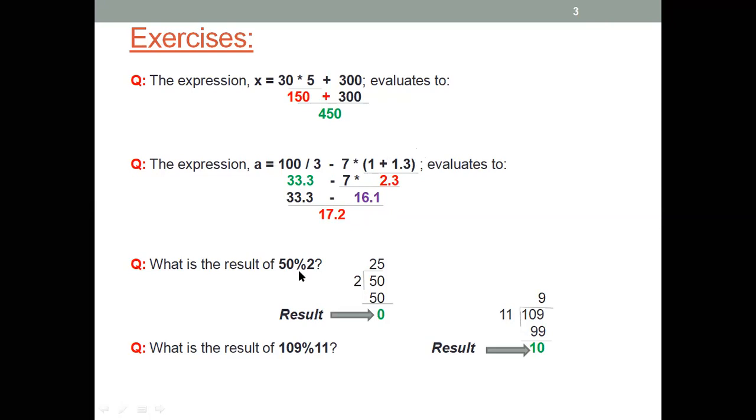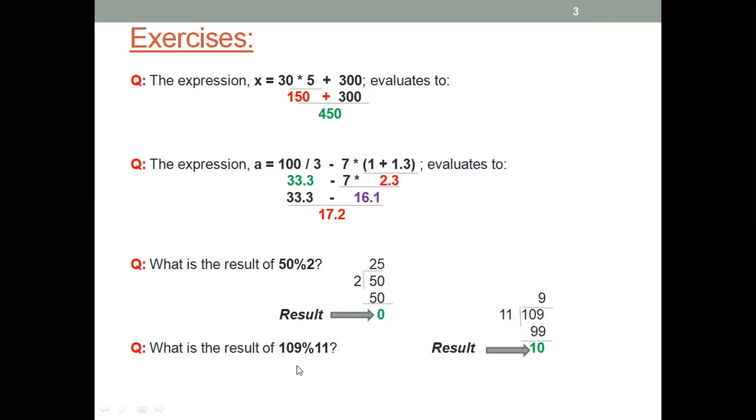These are two modulus examples. 50 modulus 2. Again, you have to divide 50 by 2. You can use the calculator, but when you use the calculator, after the dot you cannot take it. Here, 2 times 25 is 50, so what is left? The remainder is 0, so the result is 0.